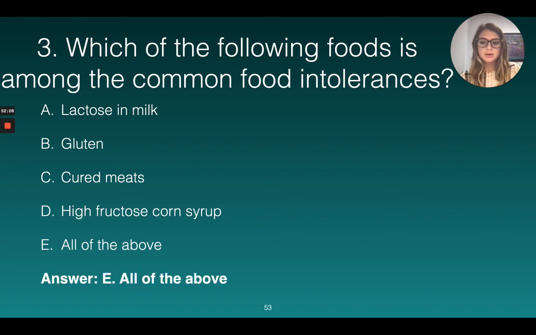So the answer is E, all of the above. These are some of the top common food intolerances or foods that cause sensitivities. So lactose in milk, gluten, cured meats, and high fructose corn syrup are all common food intolerance foods.